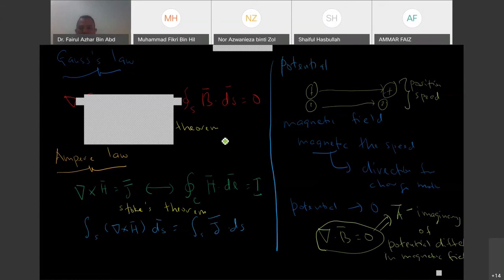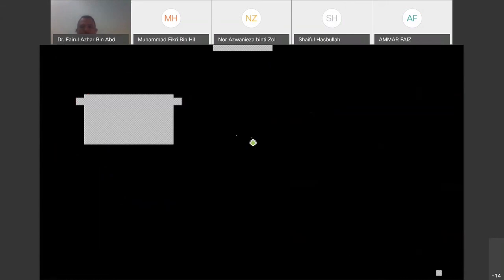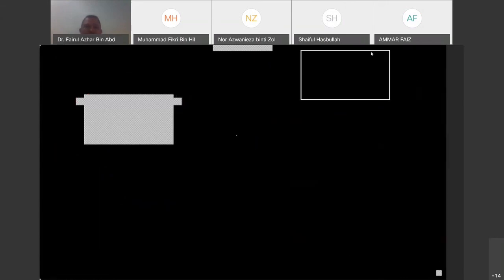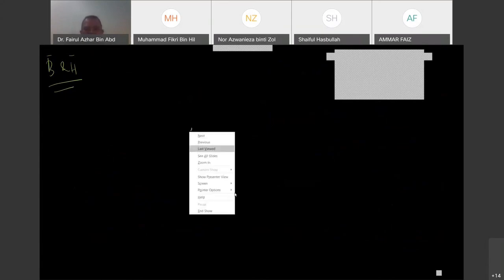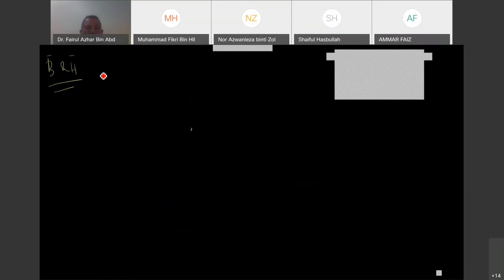All right. Once we know the expression that represents our B and our H, we can apply these equations to get some applications in a magnetic field. First, we can derive the force value in terms of magnetic force.